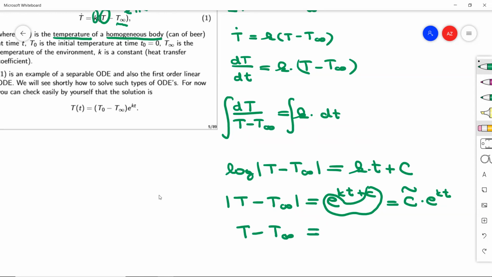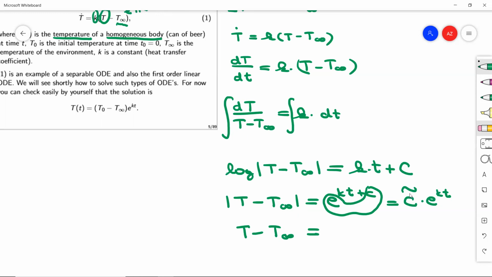because if T minus T infinity is positive, then we can just forget about the absolute value. While if T minus T infinity is negative, then we should multiply this by minus 1. But in fact, this minus 1 can be absorbed in our constant.